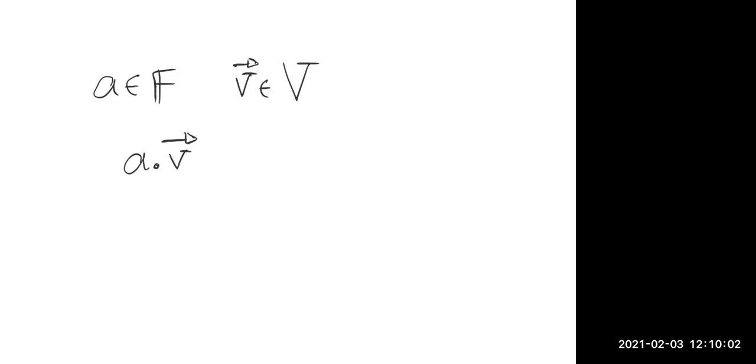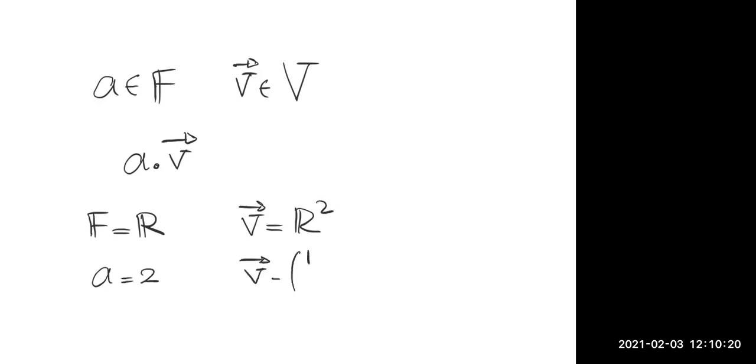For example, if we take our field to be just the set of real numbers, and our vector space to be R2, a can be something like 2, and this vector v can be something like 1, 2, okay? And the multiplication would be just multiplying each component by this number a.